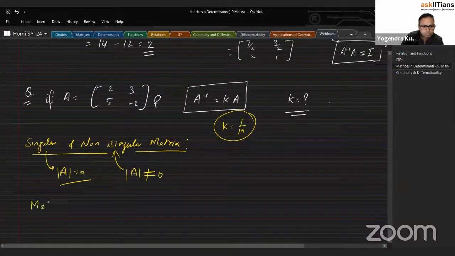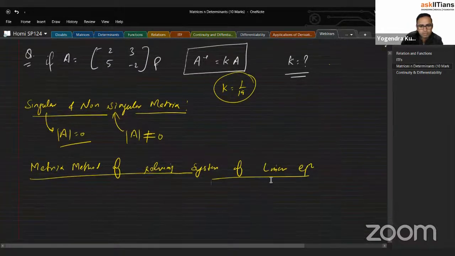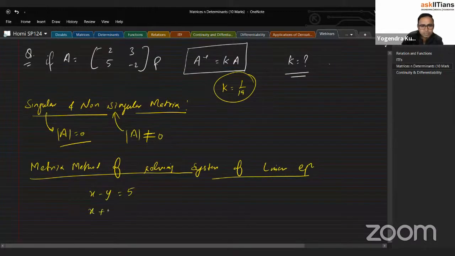Suppose I have a system of linear equations, something like x minus y is equal to 5. I'm taking a very basic example just to make you understand. What do we do first?